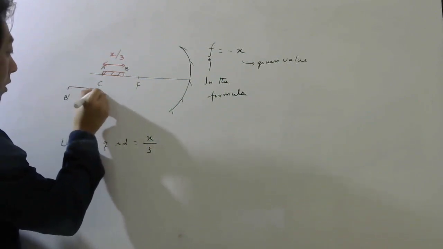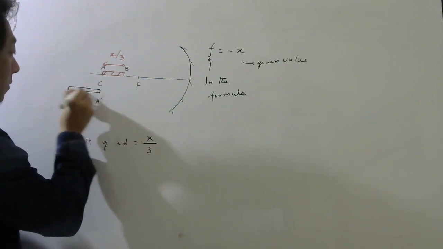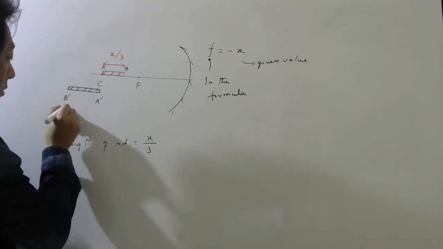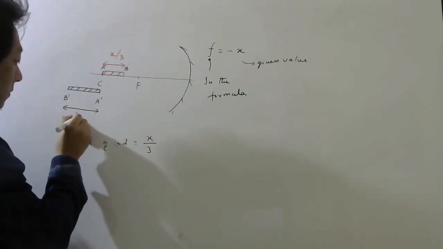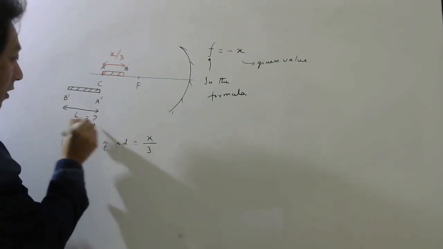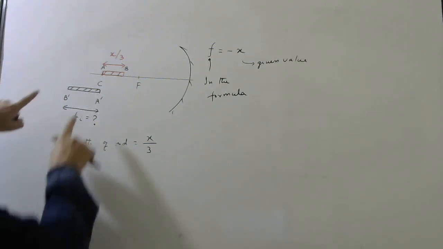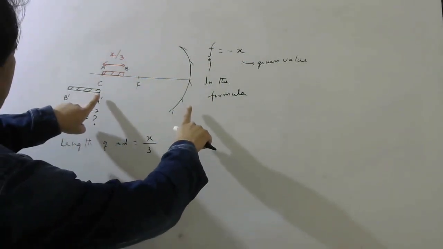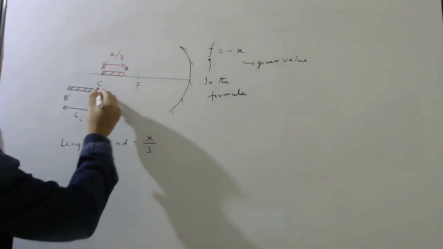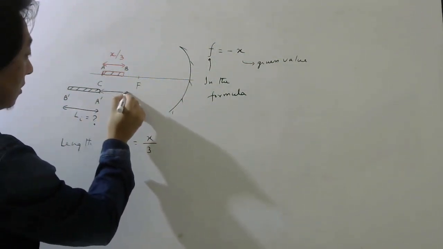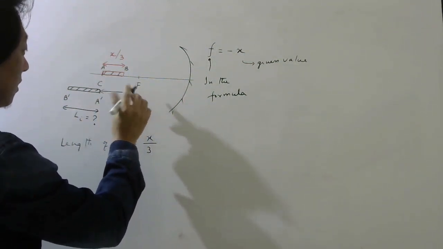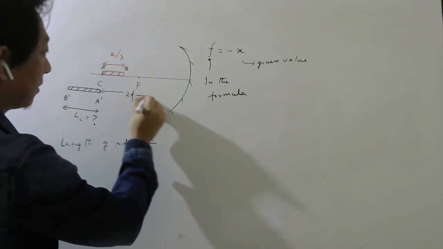So this is the length of the image, which we have to find. To find this, what should I find? This distance and this distance. This distance I already know. This distance is 2r, or I can say 2f, sorry, not 2r.